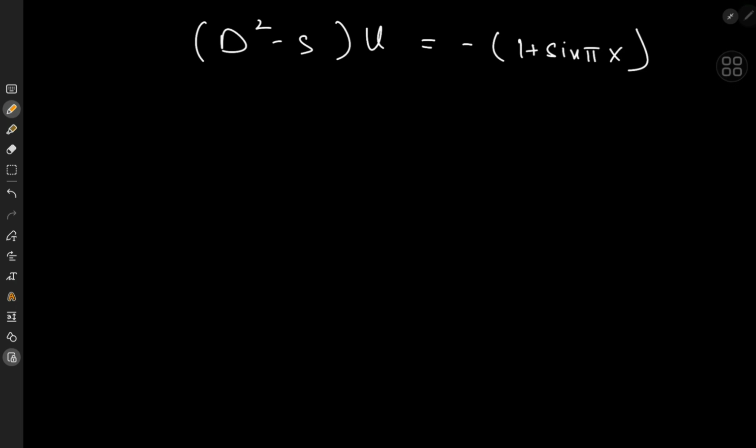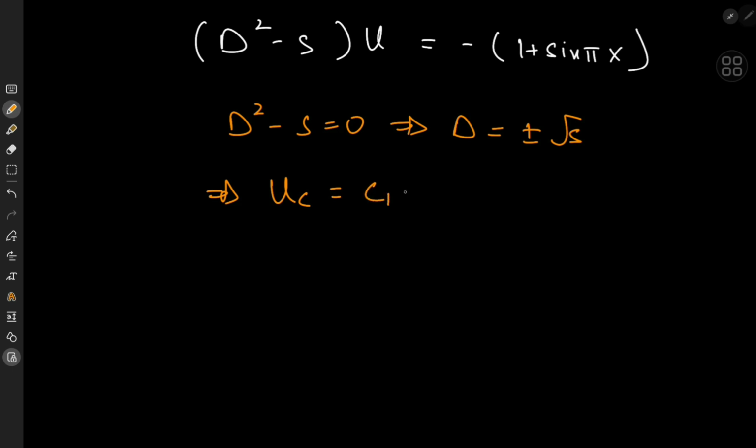We first need to solve the characteristic equation, which in this case is D squared minus s equal to 0, which implies that D equals plus or minus root s. And this implies that the characteristic solution, that is U sub c, equals c sub 1 times e to the x times root s, plus c sub 2 times e to the negative x times root s.